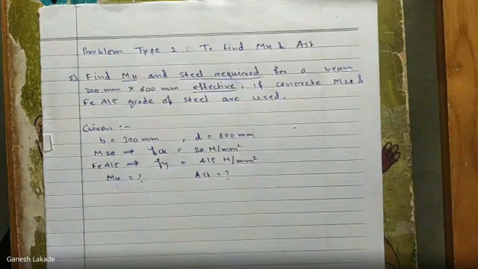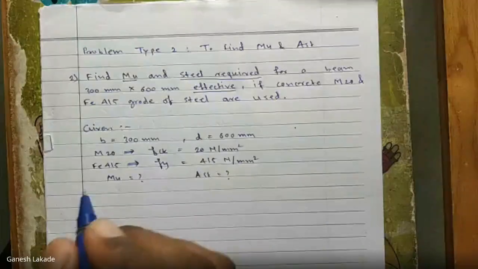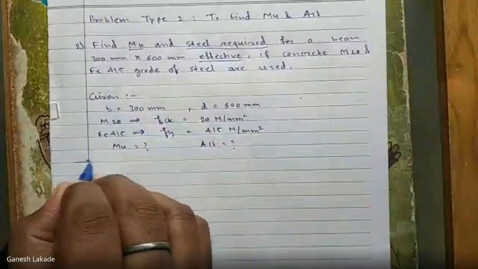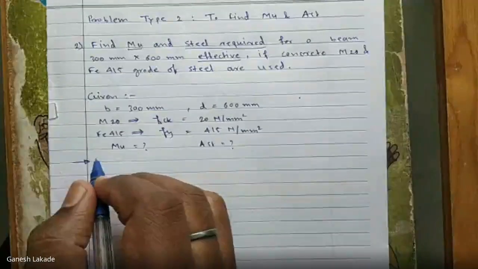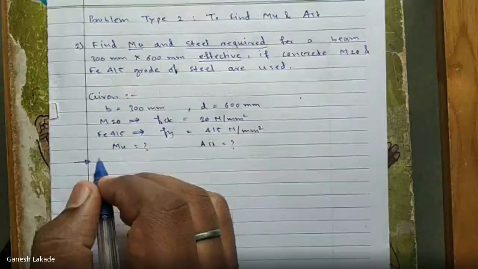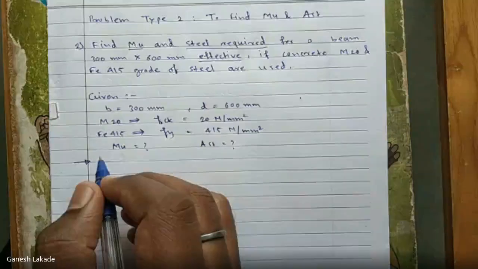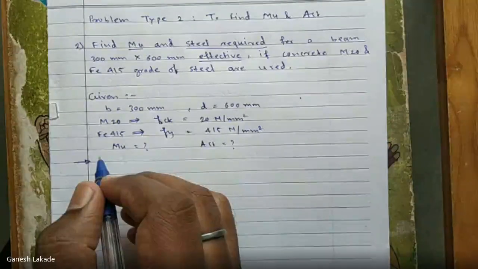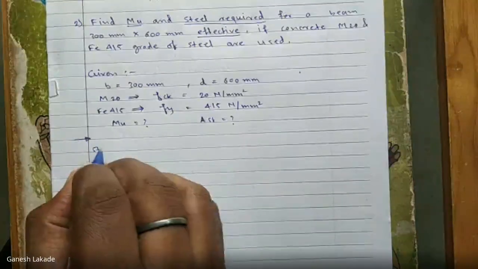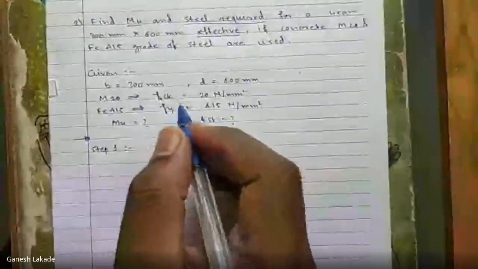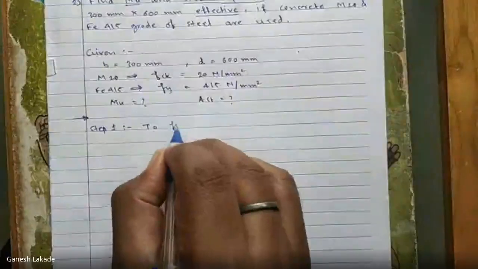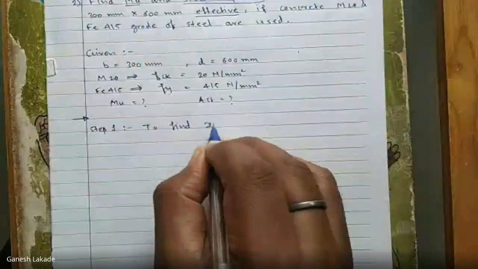Now how can we calculate these values? Let us start the solution of this problem. First of all we have to find the value of XU limiting. So in step number 1, let us find out XU limiting.